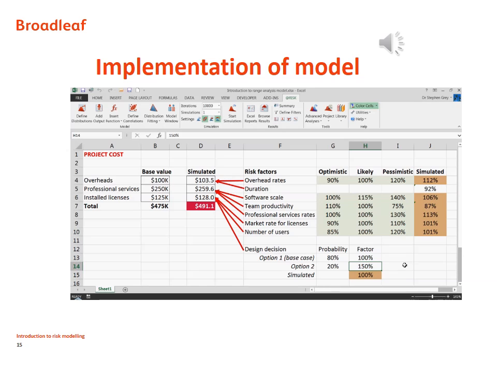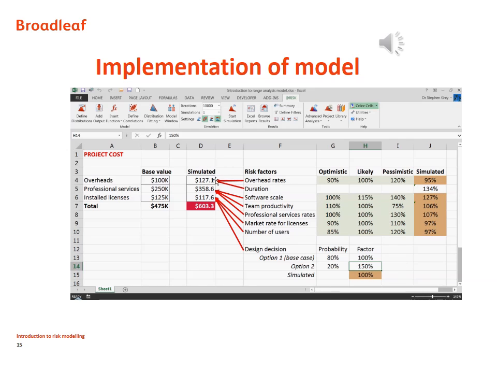The design decision variable only takes on a value of 100% or 150%, and it will work out on average that 4 times out of 5 it'll be 100%, and 1 time out of 5 it'll be 150%.